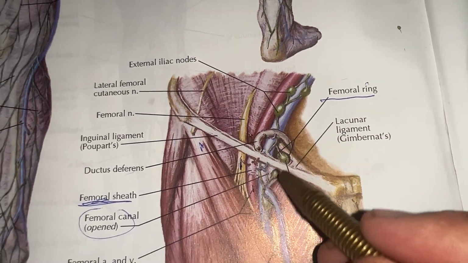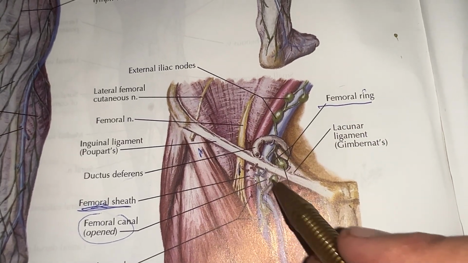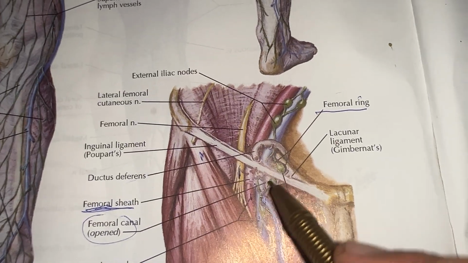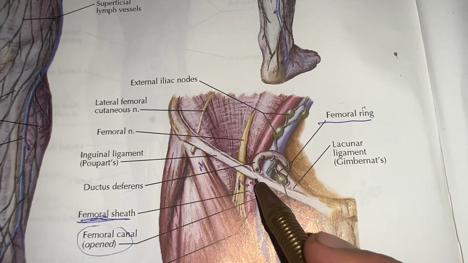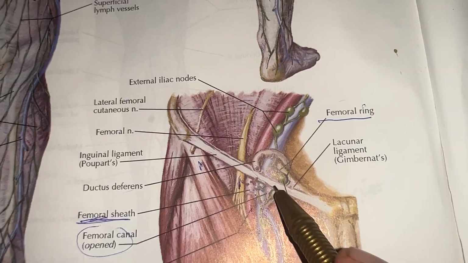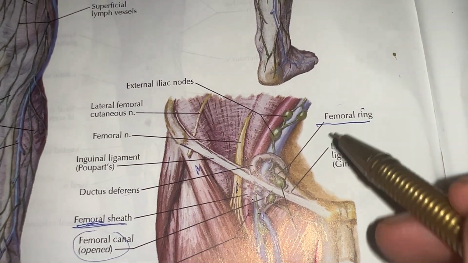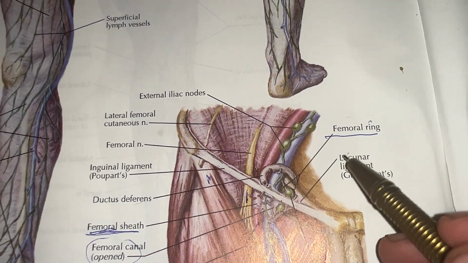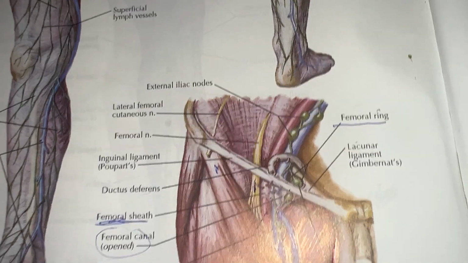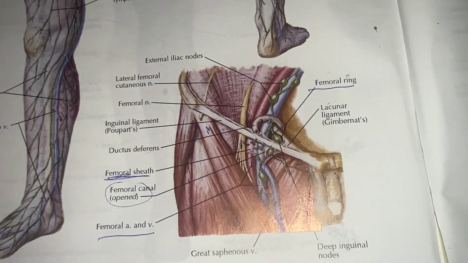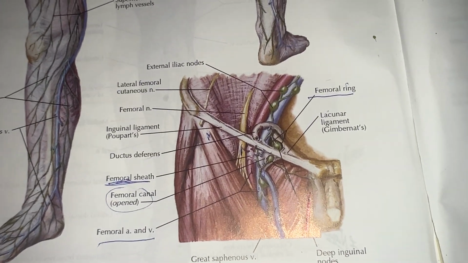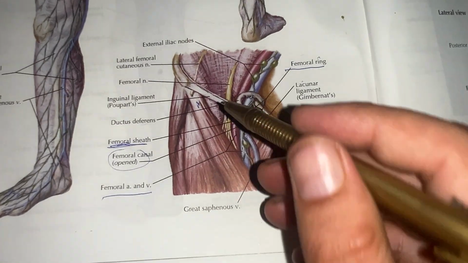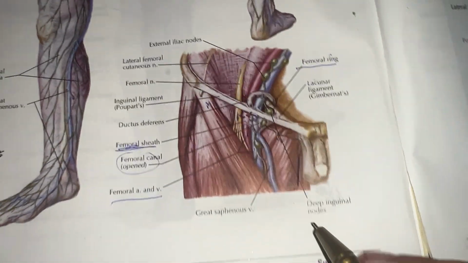The femoral ring and femoral canal are medial to the femoral vein, and bounded anteriorly by the inguinal ligament, medially by the lacunar ligament, and posteriorly by the pectineal ligament.